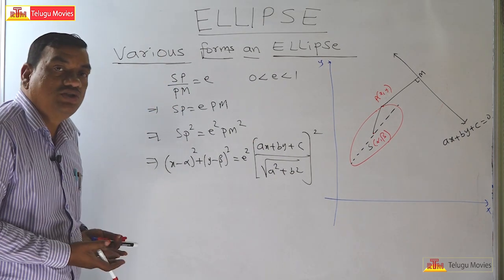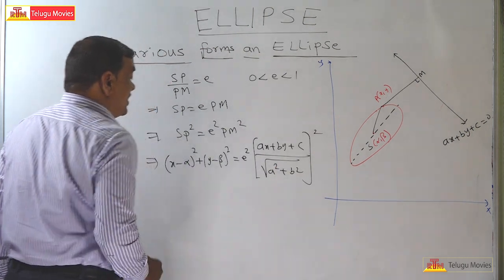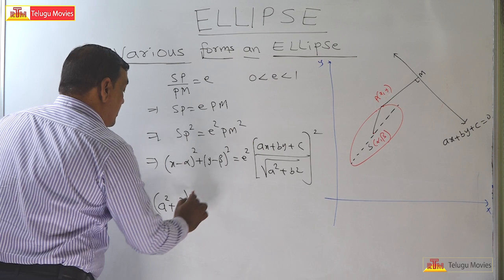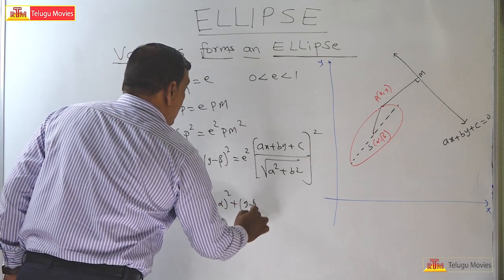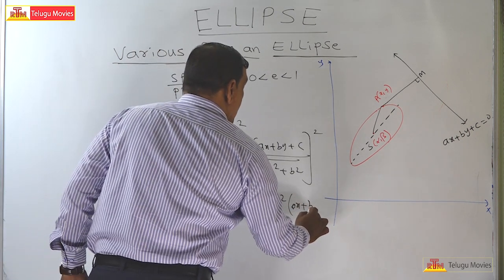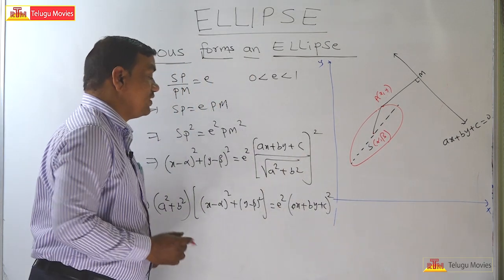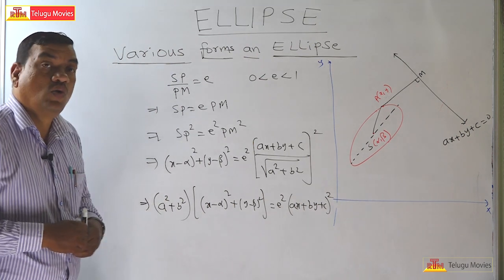Understand? So this is your answer. You can simplify further. So this square root will get cancelled. So this is nothing but (a square plus b square) times [(x minus alpha) whole square plus (y minus beta) whole square] is equal to e square into (ax plus by plus c) whole square.